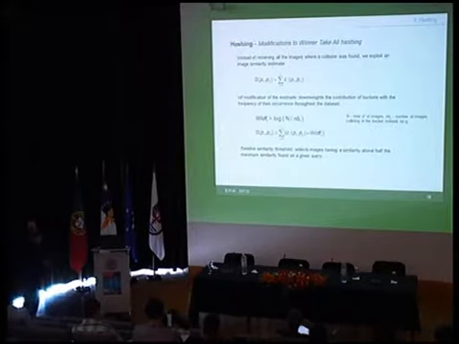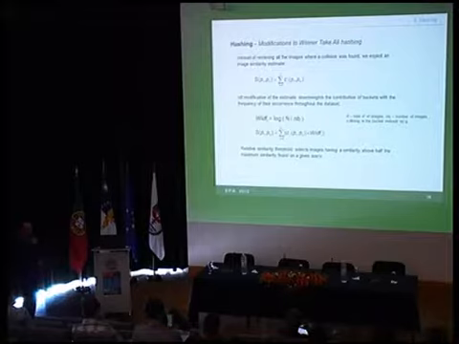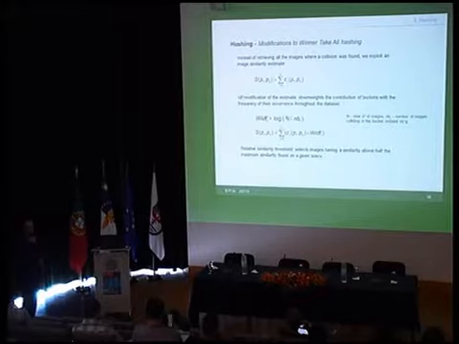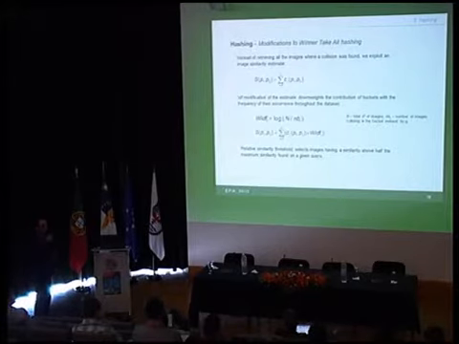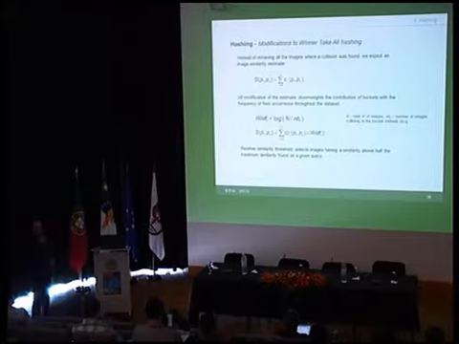We proposed some modifications to this hashing scheme. What we do is not retrieve all the images where collisions are found, but rather consider the number of collisions as a similarity measure, which allows us to have better efficiency in the selection of images to process.